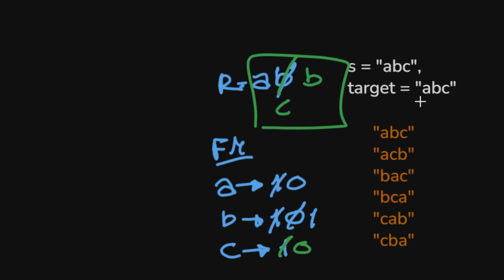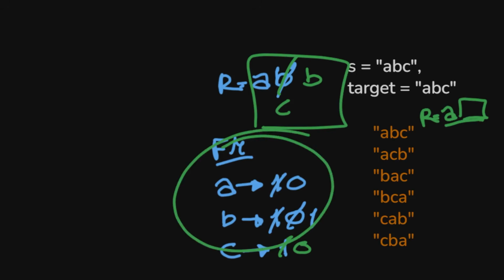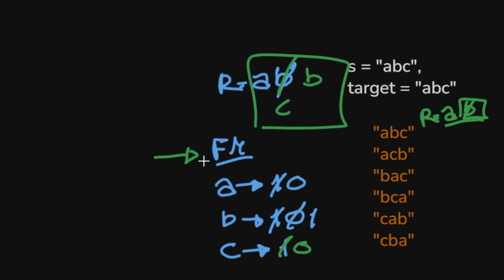So just to be clear, we are iterating characters in target one by one, and every time we add the corresponding character to the final result only if we are sure that we can build a final result that's strictly larger than target. And the way to know this is with the frequency map. If we ever step into a scenario in which, because of using a character, we can't build a result that's strictly larger than target, we have to step back and replace this last character with the next character that's available in the frequency map.